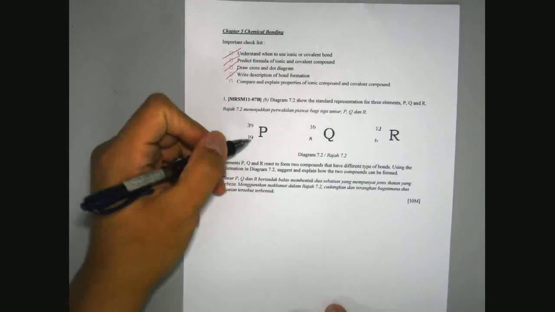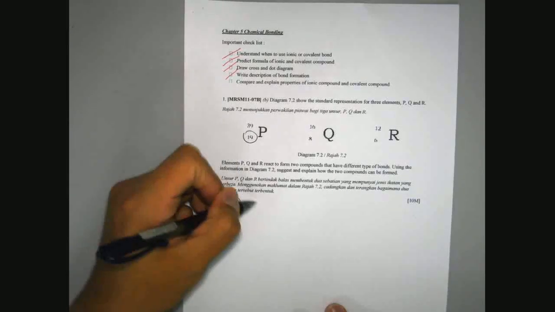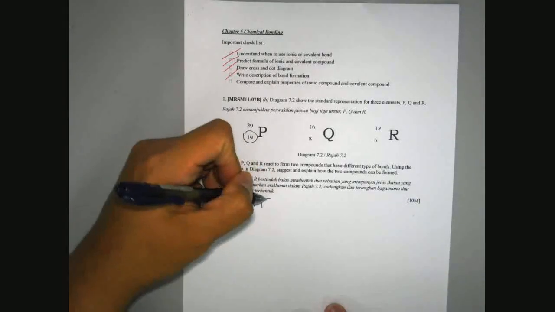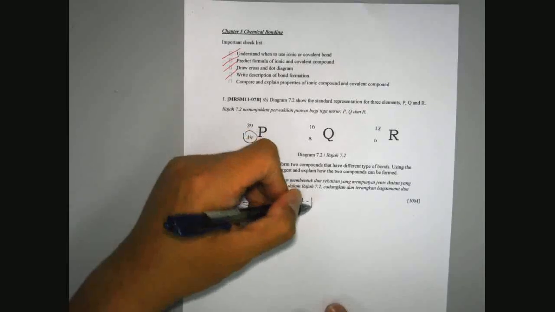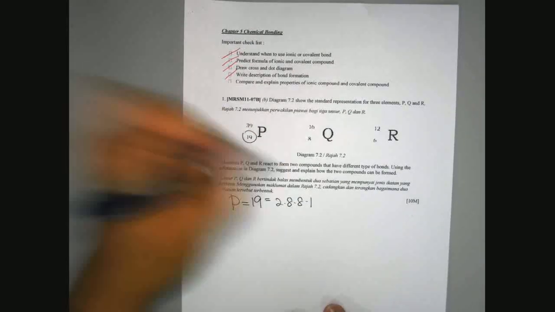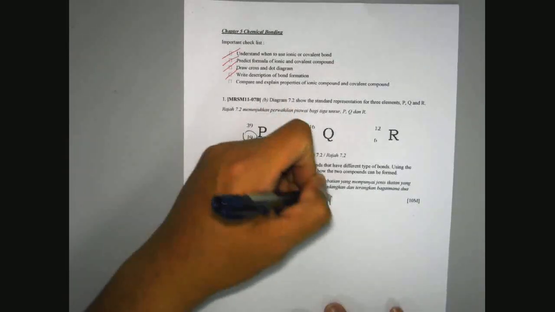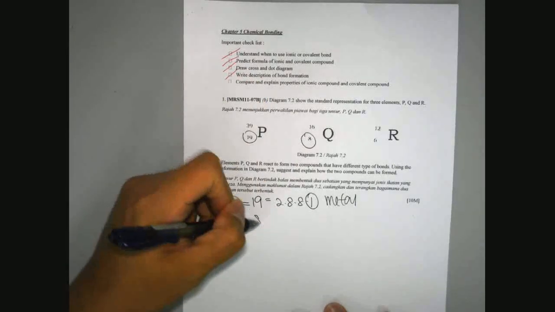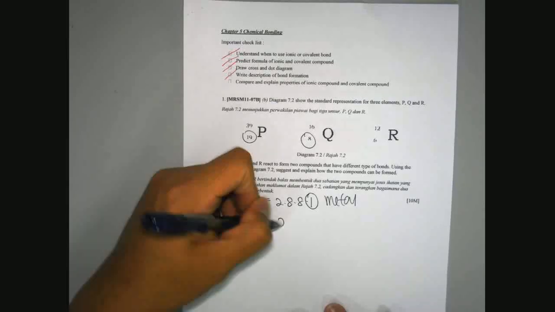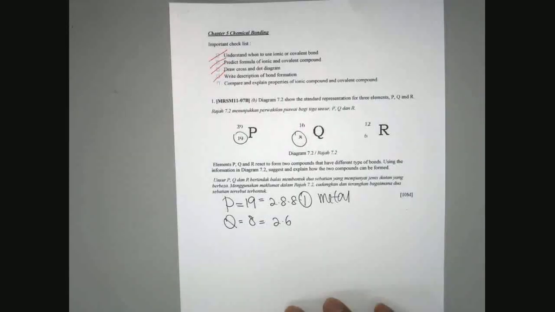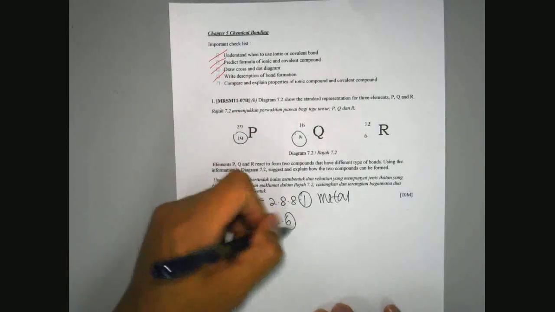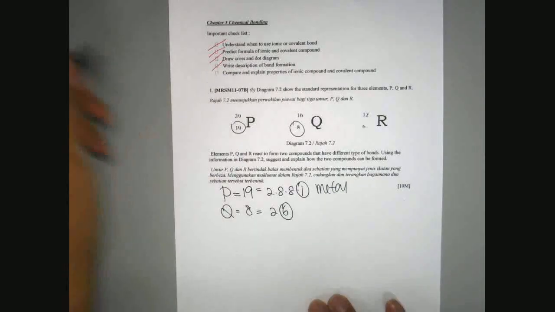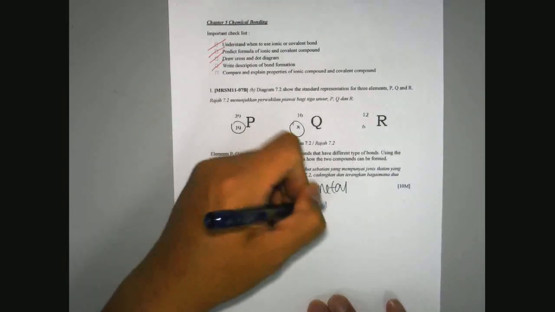So first of all, you should write the electron arrangement first. P has 19 electrons, which is 2, 8, 8, 1. When you have one valence electron, you are metal. For Q, you have total 8 electrons, so which is 2, 6. When you have 6 valence electrons, technically you should be non-metal.